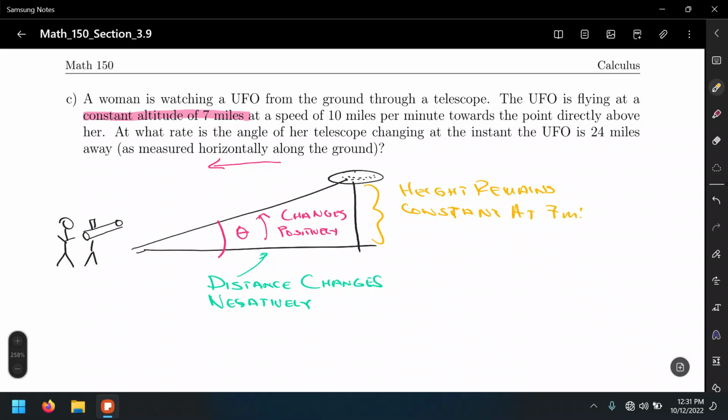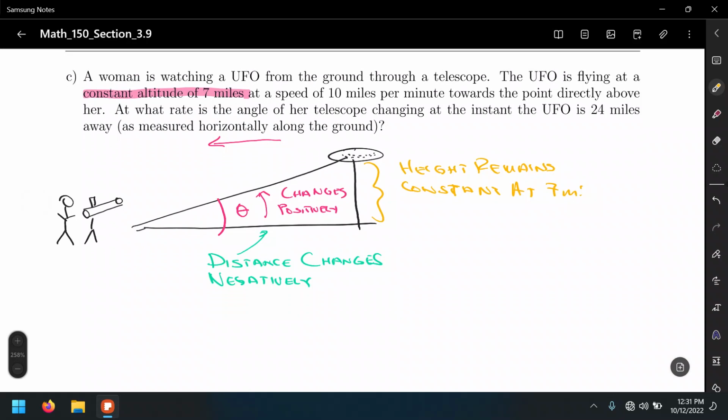All right, they're not telling us that the ship is going upwards or downwards. It's remaining constant and it's flying in a horizontal direction. So that means the height has to be constant. So that's the picture. That's what we have.